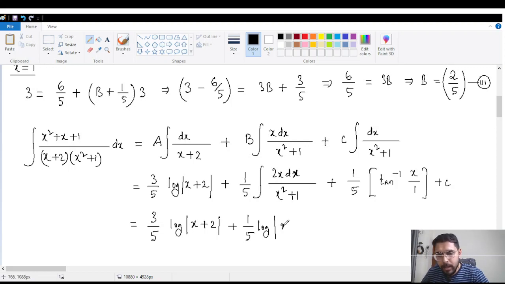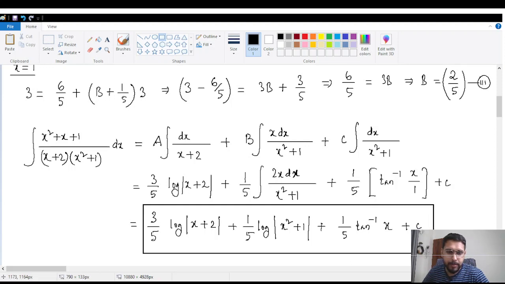Here t means x square only, so x square plus 1, plus 1 over 5 tan inverse x plus c. So this is the final answer of the problem.